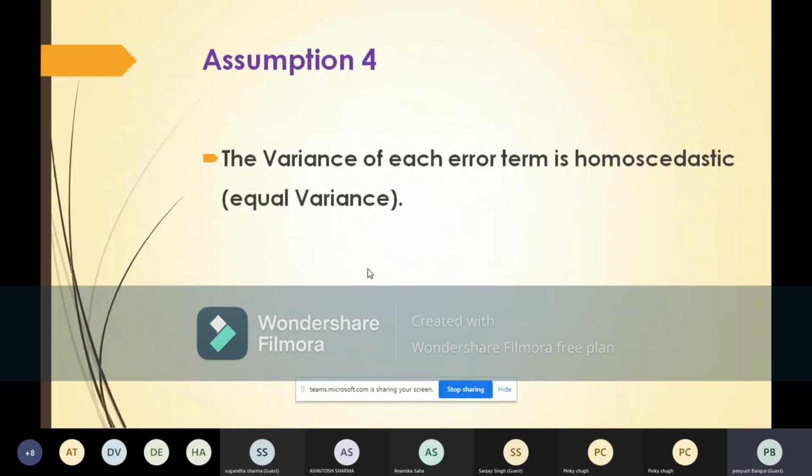Your residual has unequal variance. See, this is the biggest assumption of your regression.